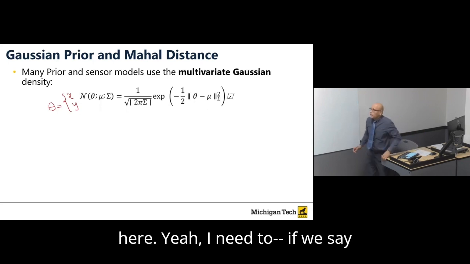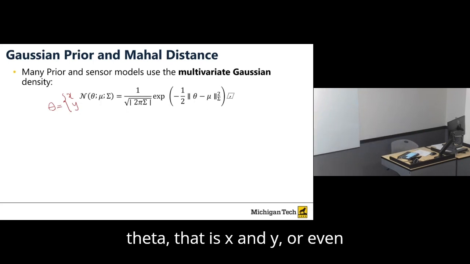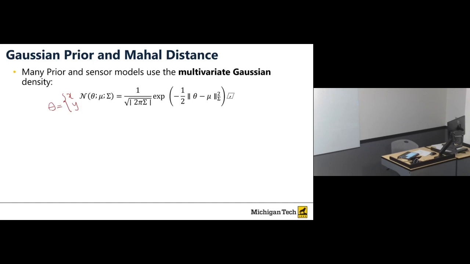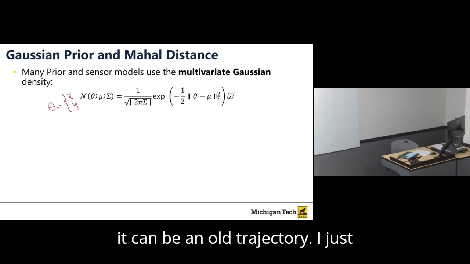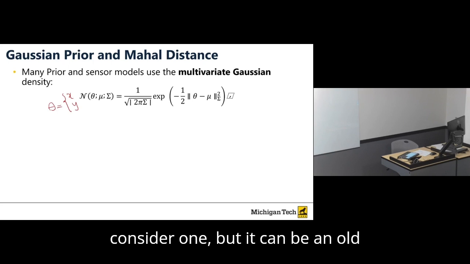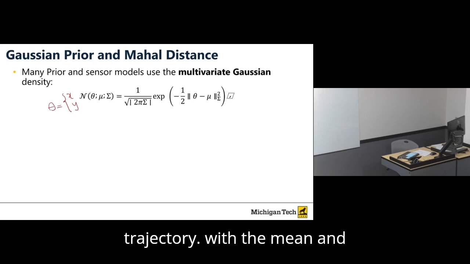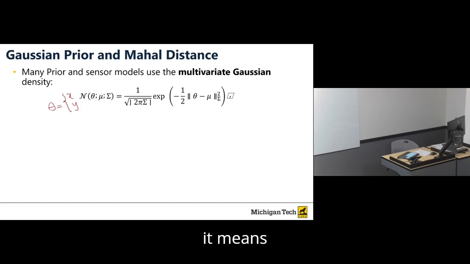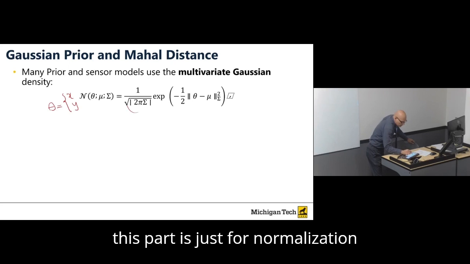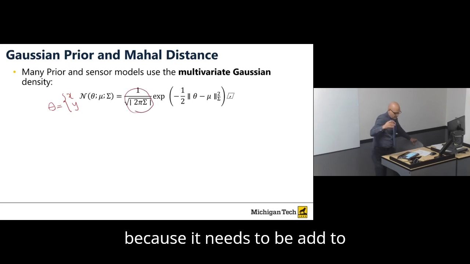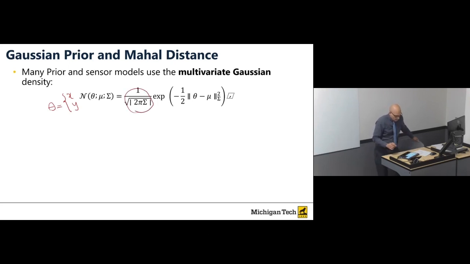Theta is x and y, or it can even be a whole trajectory. I just consider one, but it can be the whole trajectory. With the mean and covariance mu and sigma, this part is just for normalization because it needs to add up to 1.